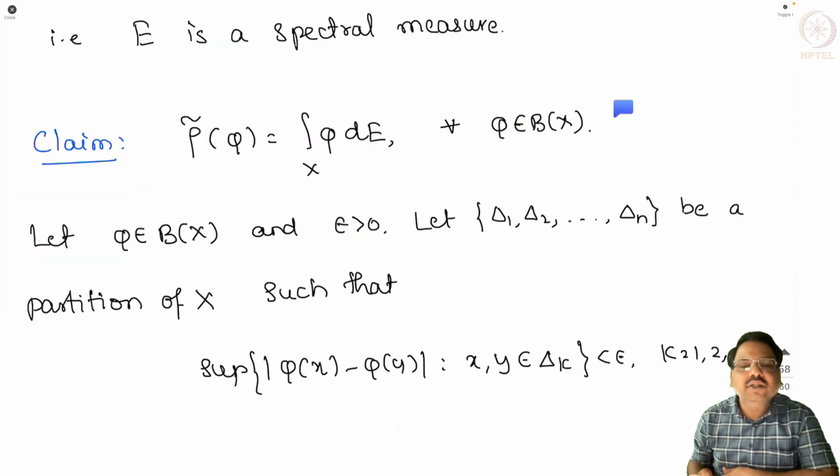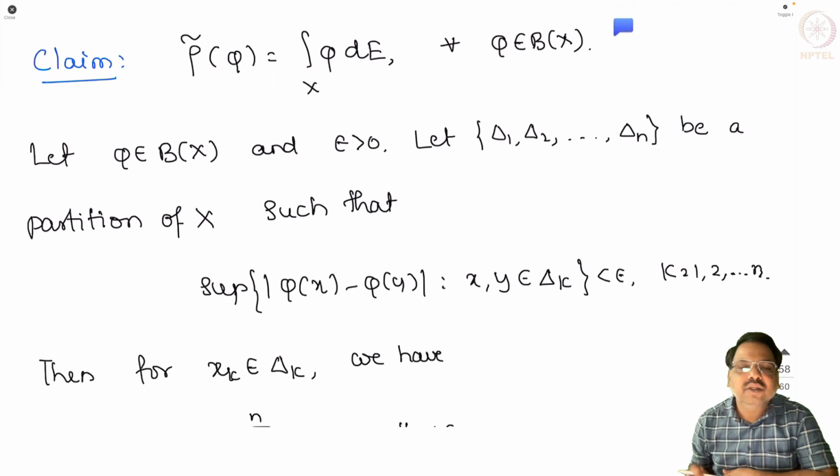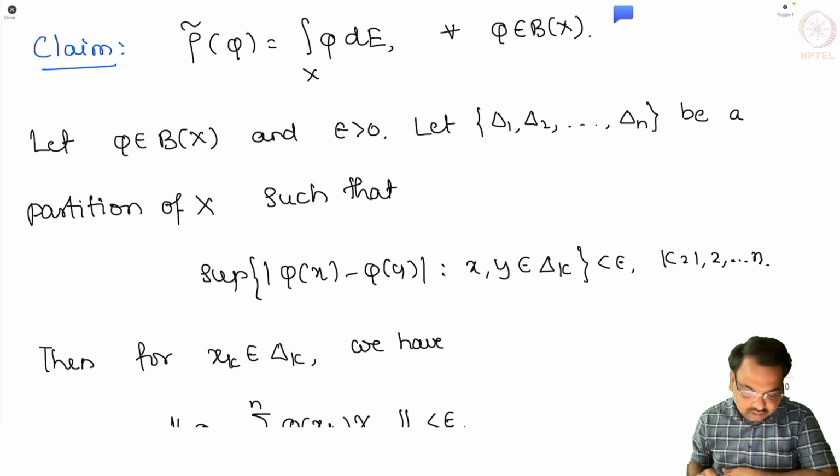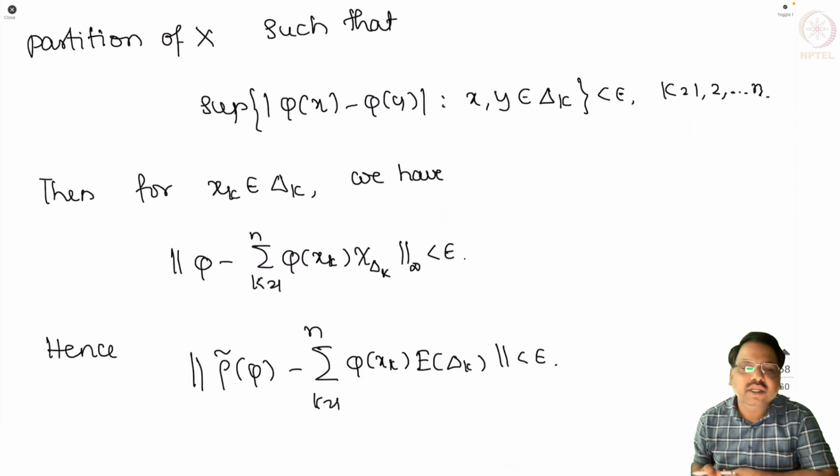Okay. Now next we want to show that rho tilde of phi is nothing but the integral over X of phi d mu. So let us take phi in B of X and epsilon positive, and let delta 1, delta 2, and so on, delta n be a partition of X such that its oscillation in delta k is less than epsilon, that is, the supremum of mod phi x minus phi y, where x, y are in delta k, is less than epsilon for all k equal to 1 to n.